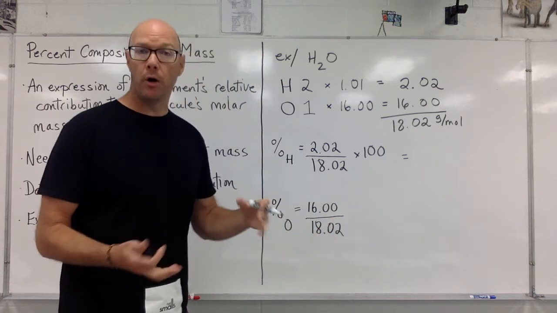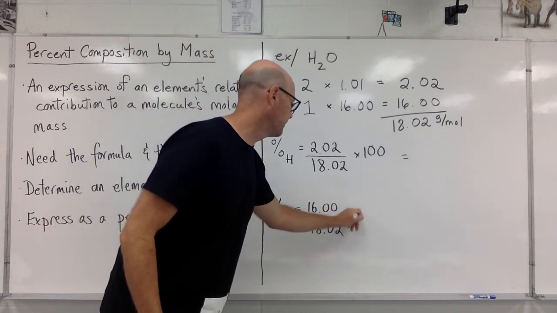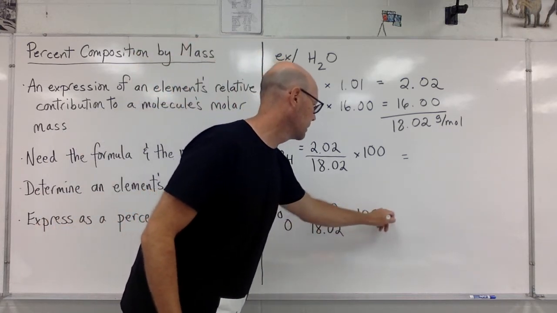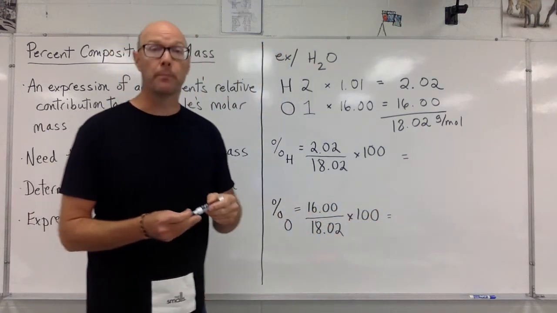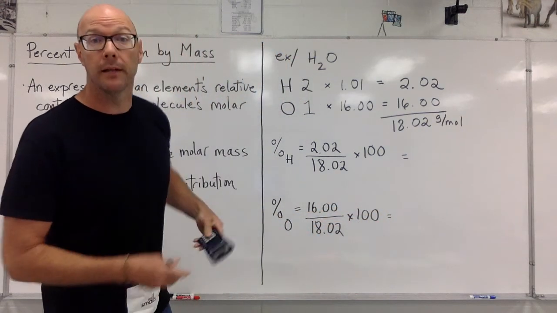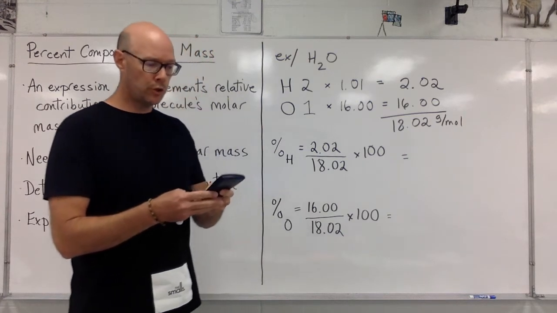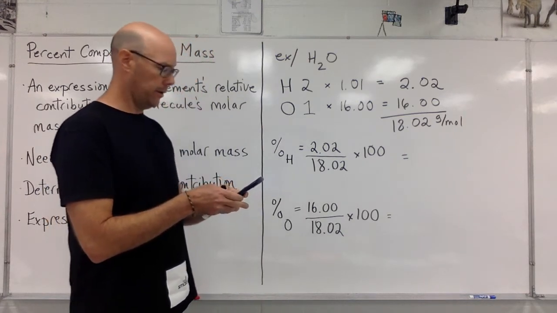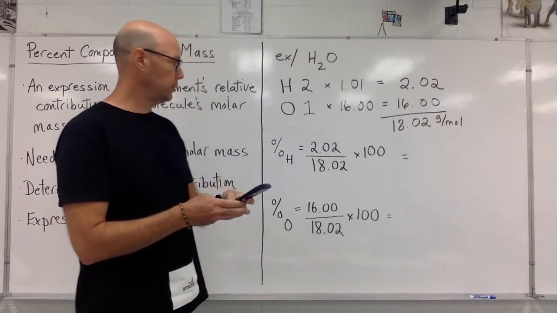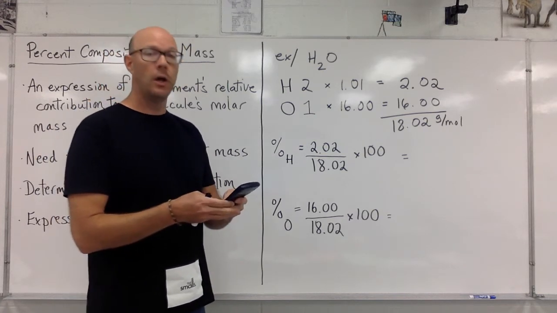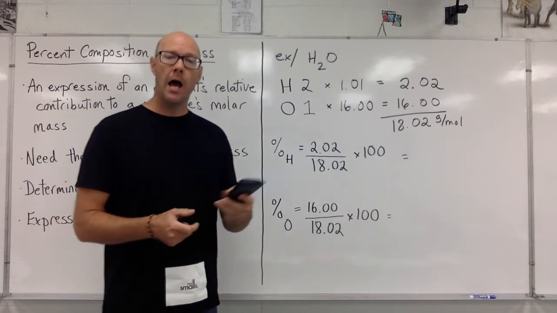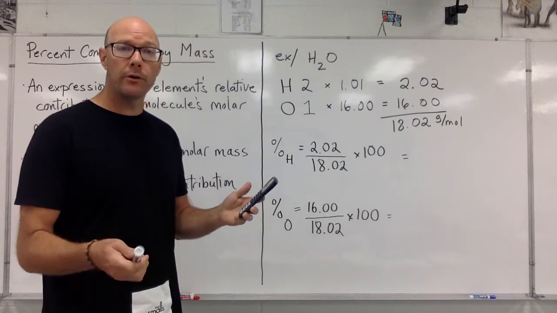And again, we need to multiply that by 100 to convert it into a percent. I have my calculator, let's go for it. 2.02 out of 18.02 times 100. Again, a long repeating decimal. I'm going to round it off right now.